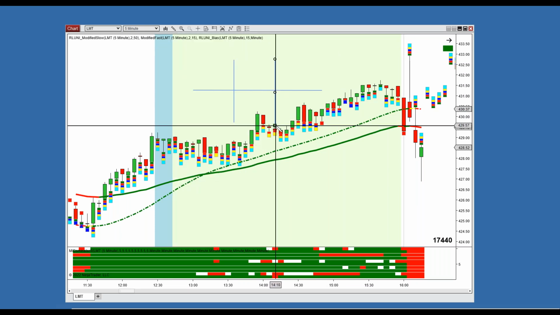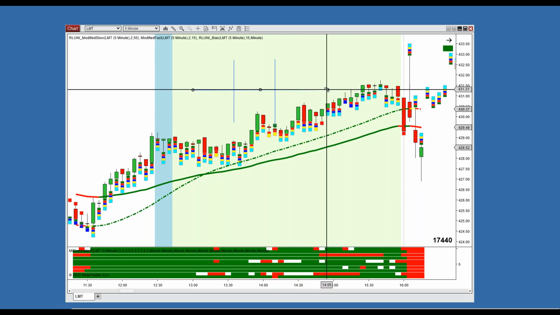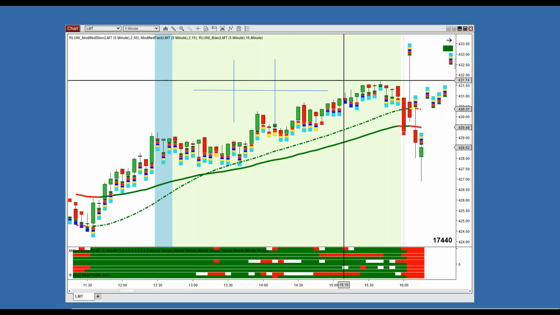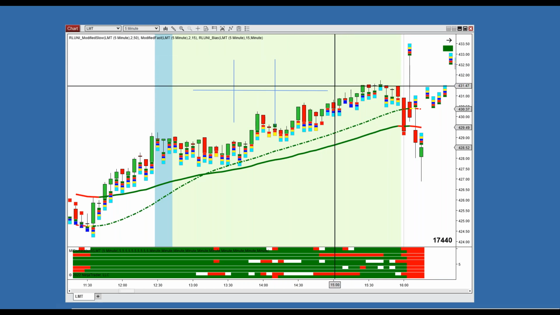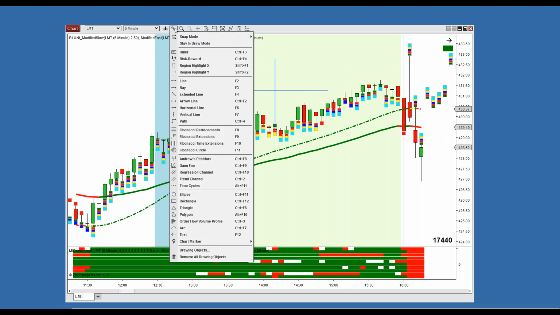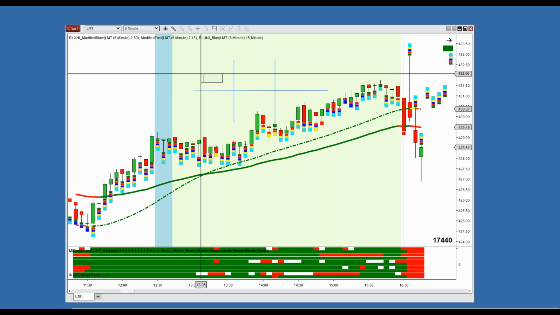Like this. So if we're just looking, it doesn't matter whether we're looking at ticks or not, but let's say here's up volume.